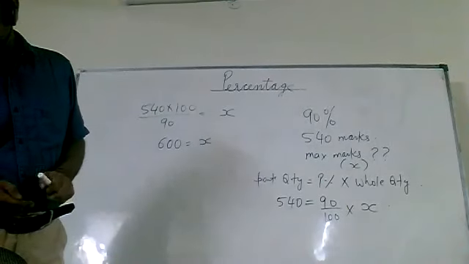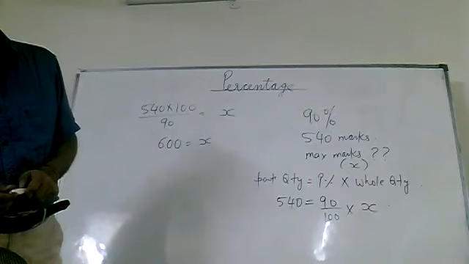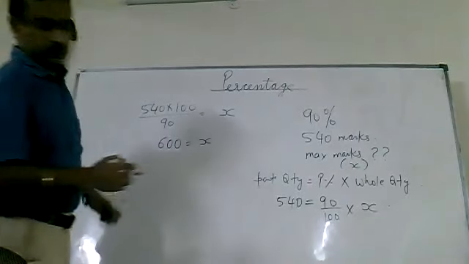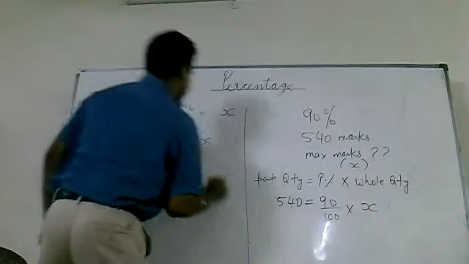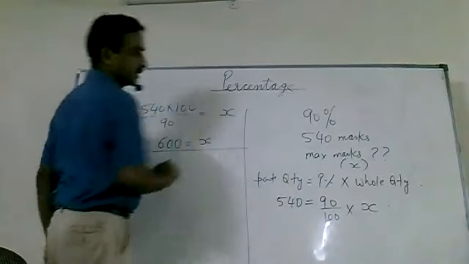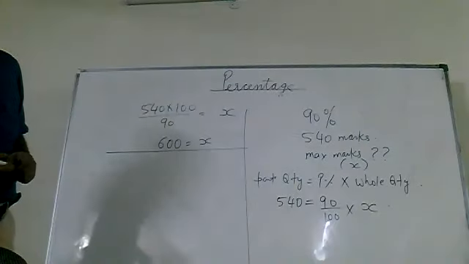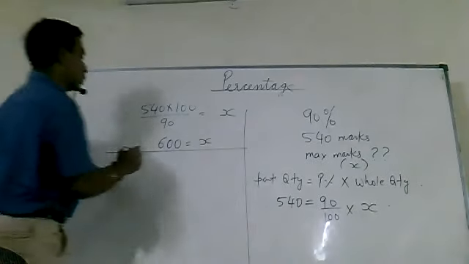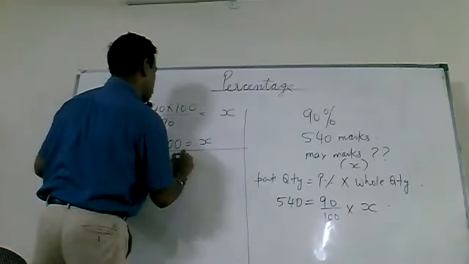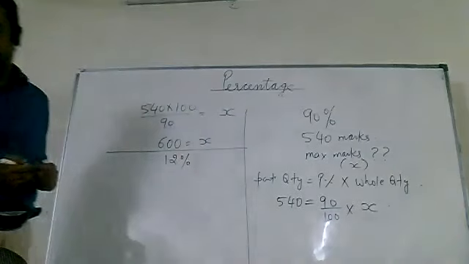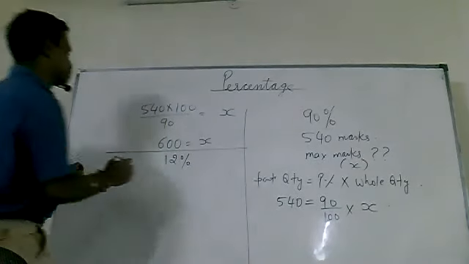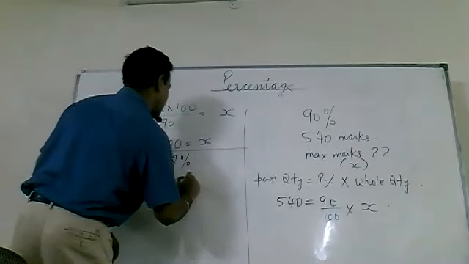So I'll take another example. There was a total sum of money, right? First person got 12% of the total, and he actually got rupees 1080.